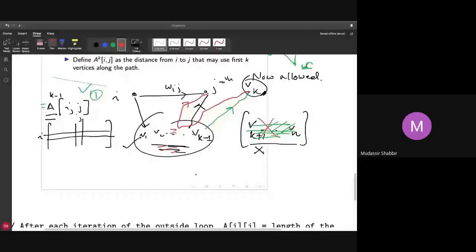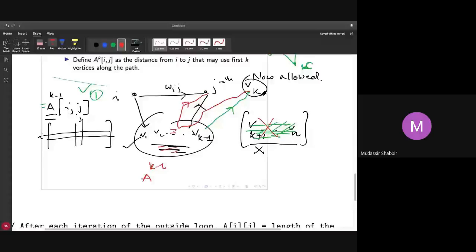In this case, it is in the A k minus 1 matrix the distance from I to K plus, in the same matrix, the distance from K to J. We have to go from I to K, and then from K to J. That's it.